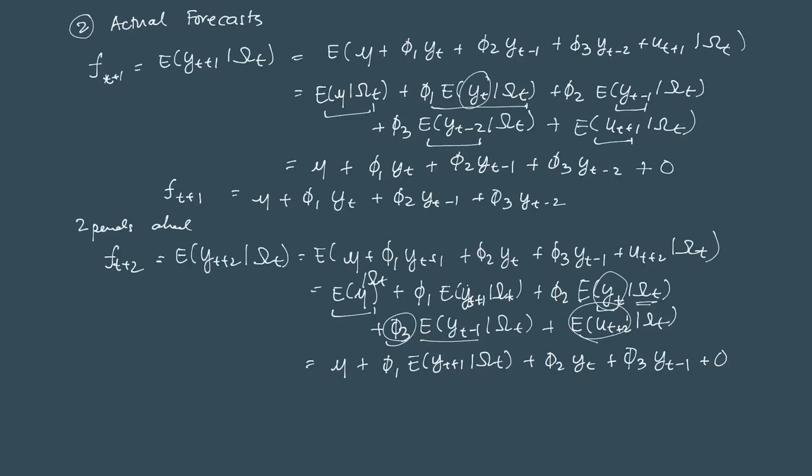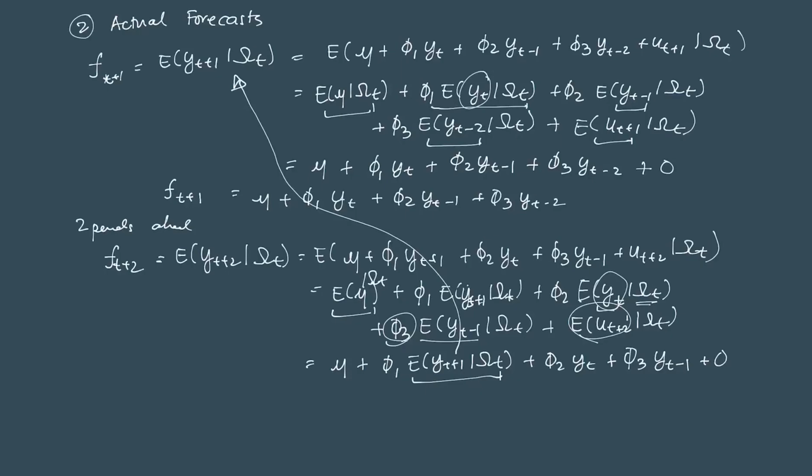Now this one is a bit interesting, and it's what gives the finite memory property in an AR model. That expected value of yt plus 1 conditional on omega t is actually this value. Remember, we computed for that. That's the first actual forecast we computed.